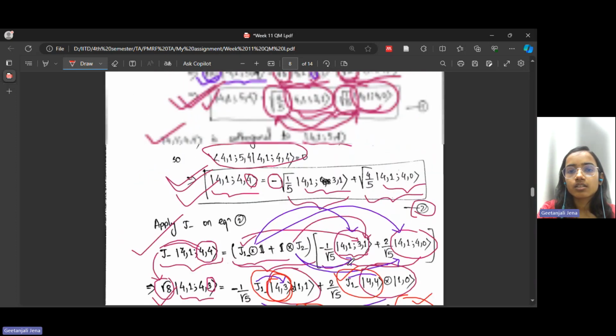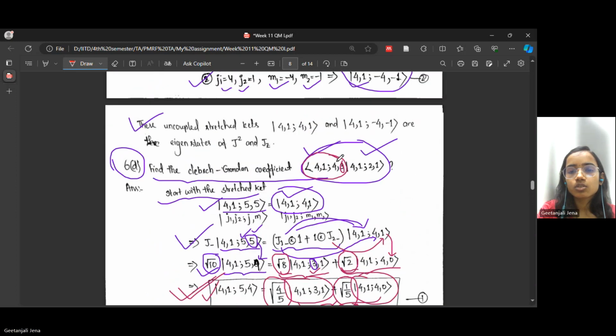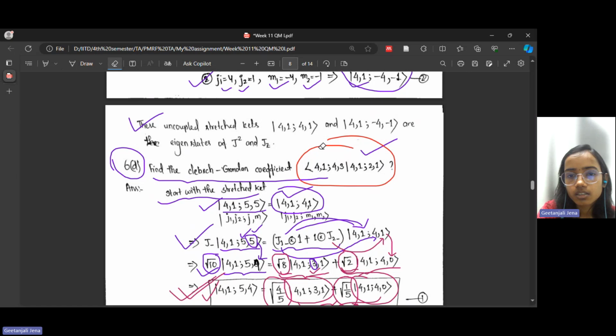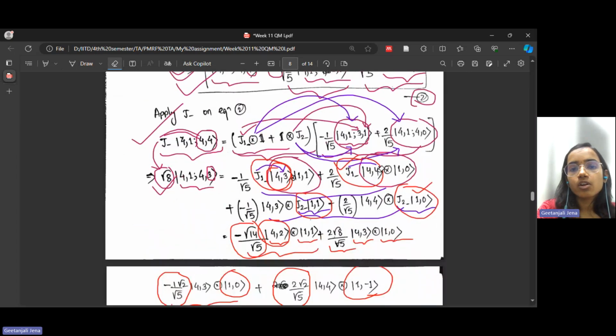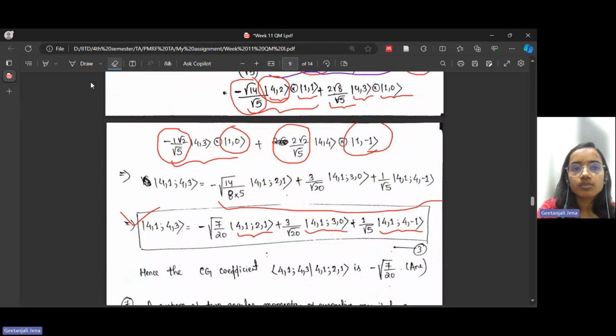So let us see the problem. The problem was asking what will be the component, the inner product of 4143 with, let me erase so that you can easily see. The question was about 4143 acting on 4121. You already got the expression for 4143, right? This one.